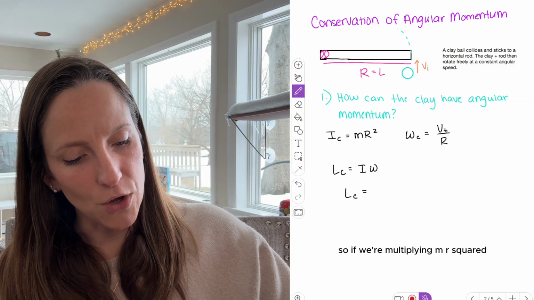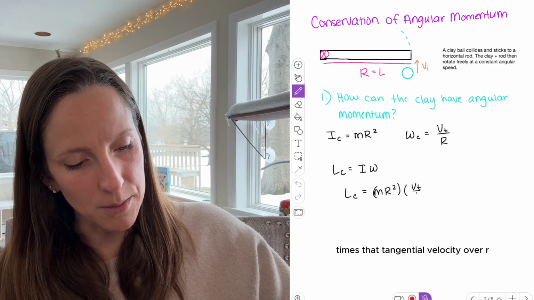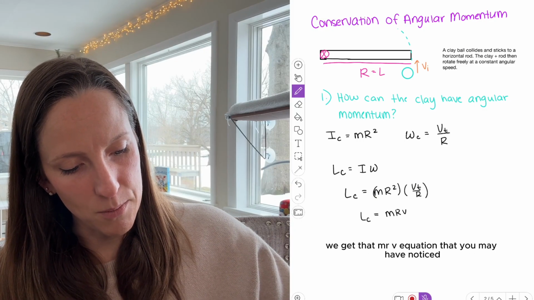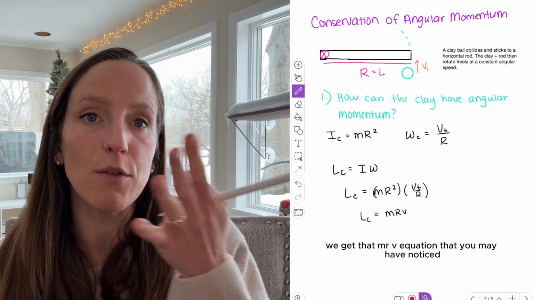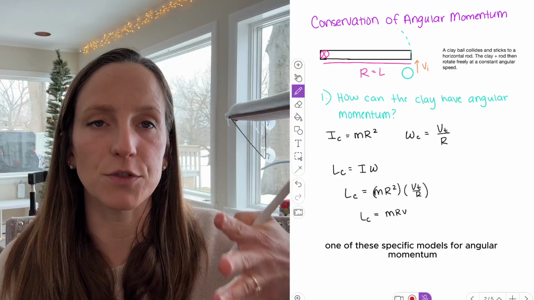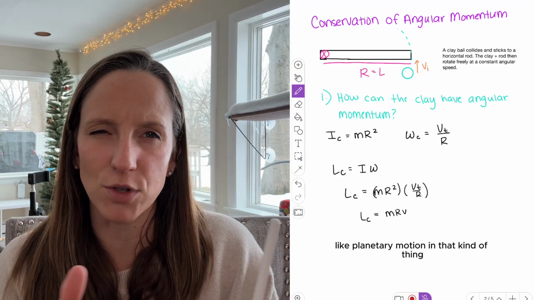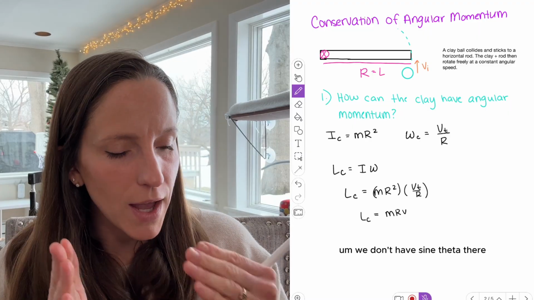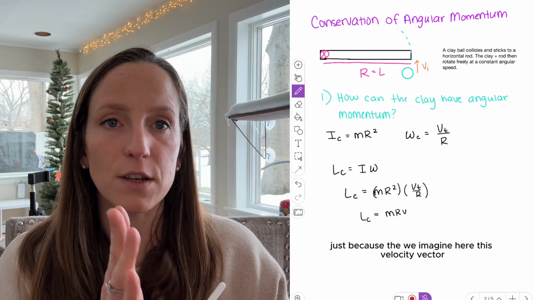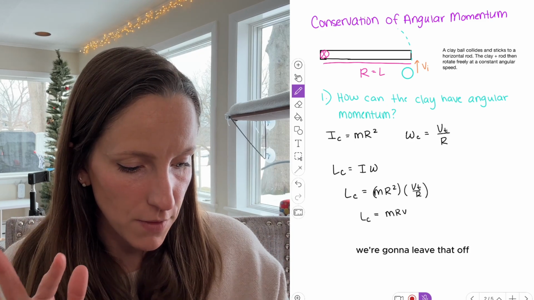If we're multiplying mr squared times that tangential velocity over R, we get that mrv equation that you may have noticed come up as one of these specific models for angular momentum where you have a mass rotating around. We also use that with planetary motion and that kind of thing. We don't have sine theta there just because we imagine here this velocity vector being perpendicular to the lever arm. So sine of 90 degrees is 1, we're going to leave that off.